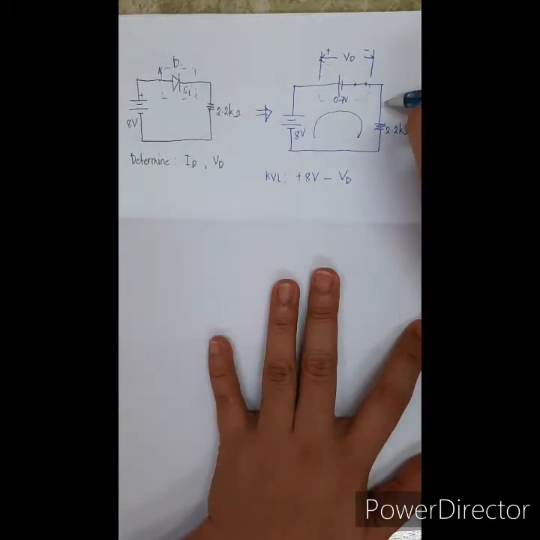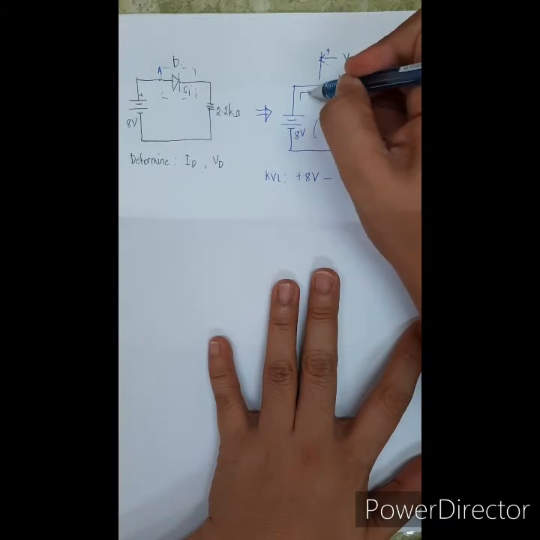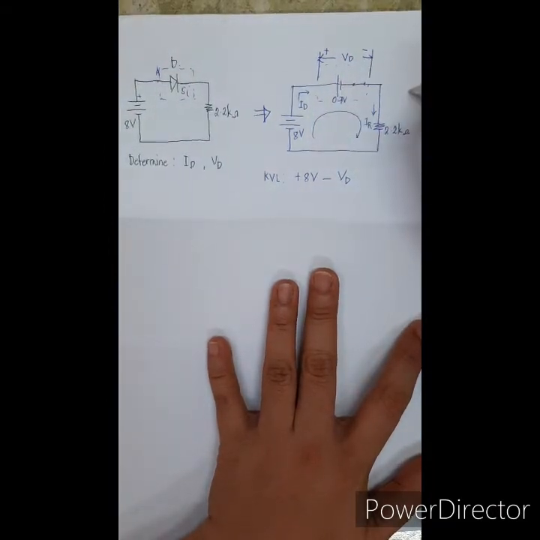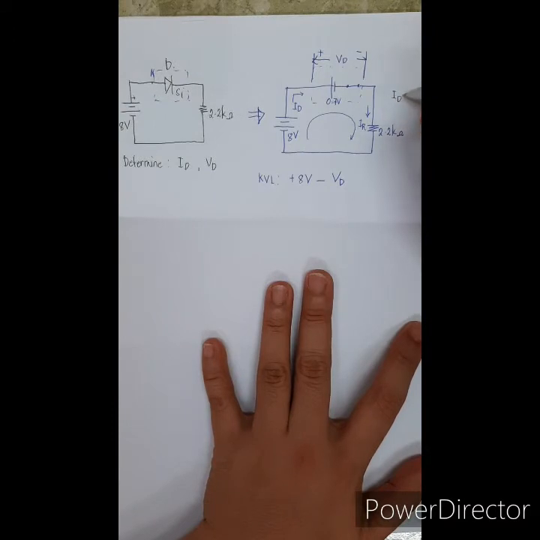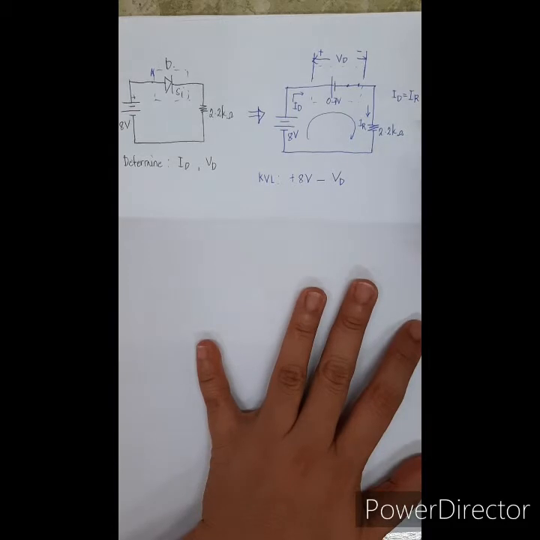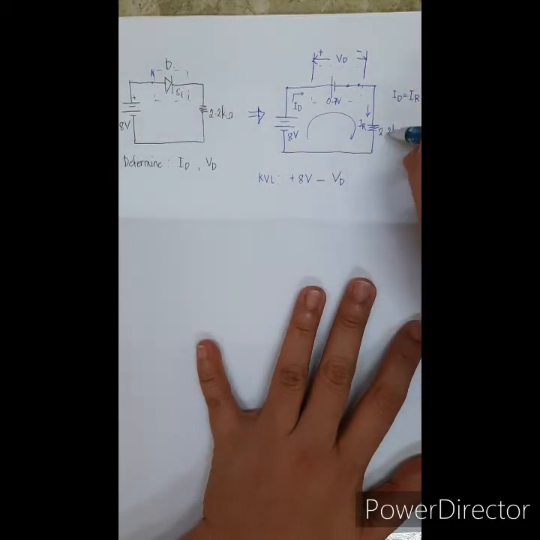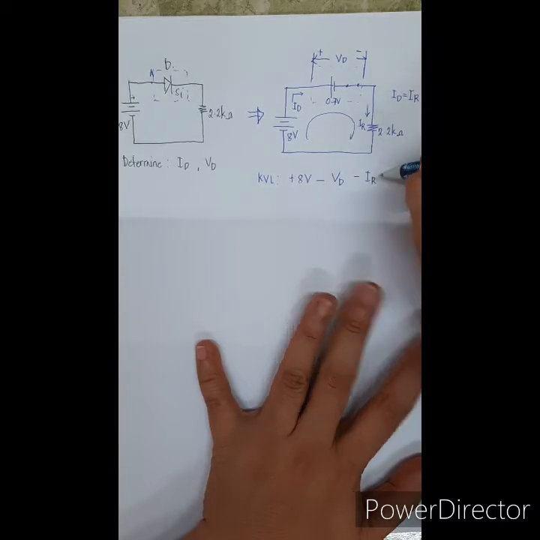Okay? Then, current there is IR, but since it is connected in series, your ID is the same as your IR. Therefore, minus, lagay muna natin si IR.